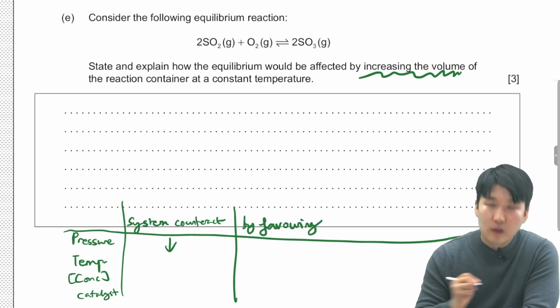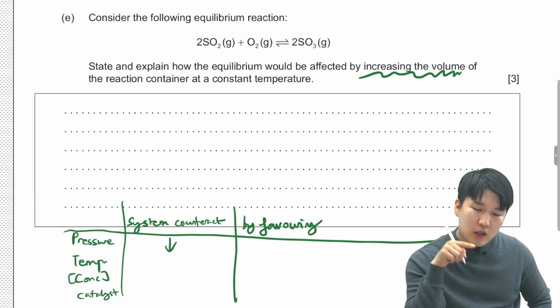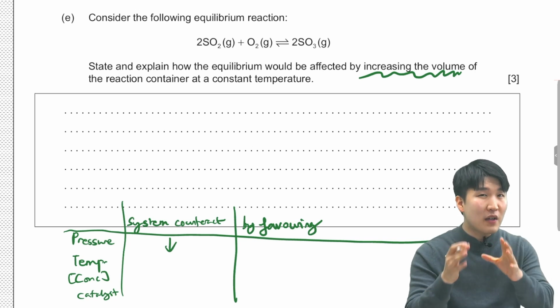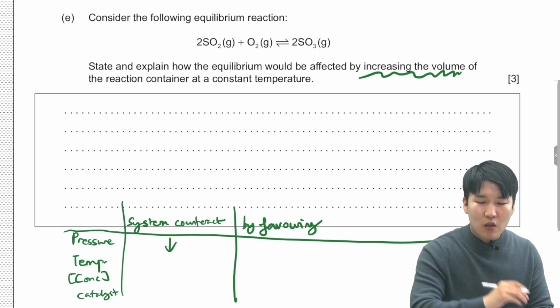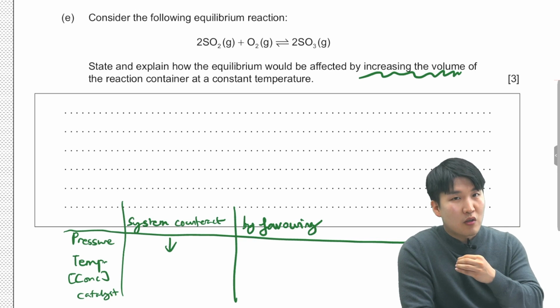In our case, we want to favor either the reactant or the product side, and whatever has higher moles will be favored. For example, in our equilibrium, the reactant side has more moles than the product side.